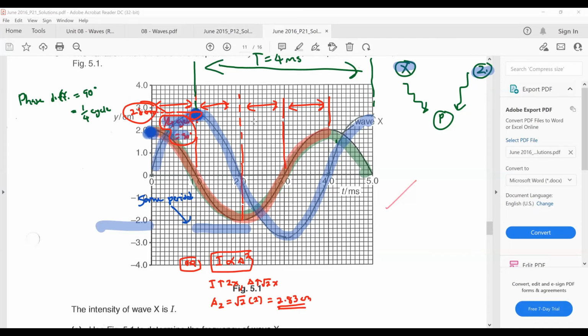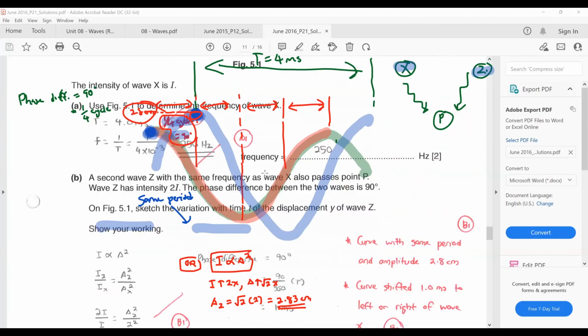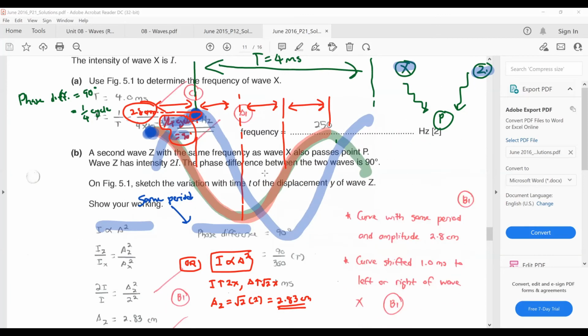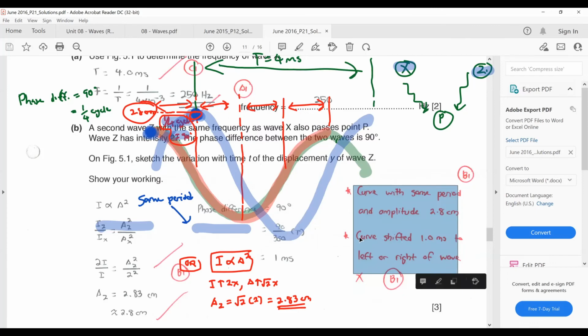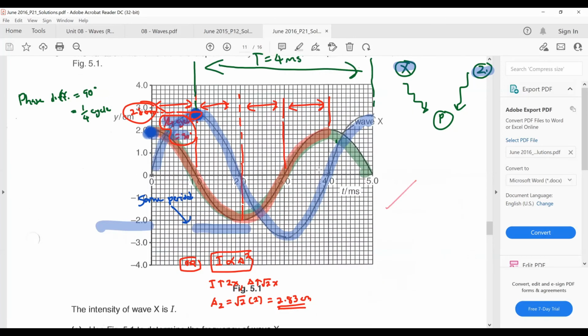Then after that, that one is done already. The marking scheme says you must have a curve with the same period and amplitude of 2.8, which I've done, which I've mentioned. Your curve should be shifted 1 millisecond to the left or right of the wave. Yeah, that's what I did.